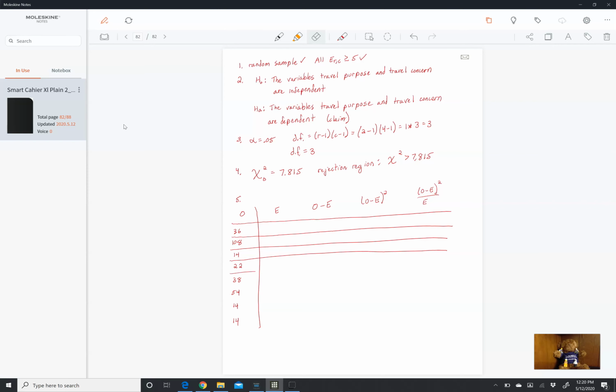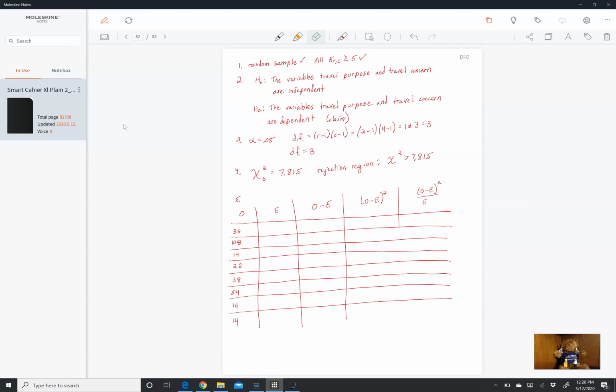And like I said before, most of the time this is done with technology where you plug in the observed and expected frequencies and it does all of the calculations for you. I want you to be able to do it by hand. I also don't expect you to have those technologies.